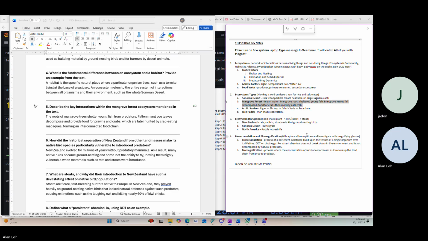The key interaction of the mangrove forest ecosystem: the text mentions that the mangrove roots protect the fishing. Okay, I think more or less you have the idea.